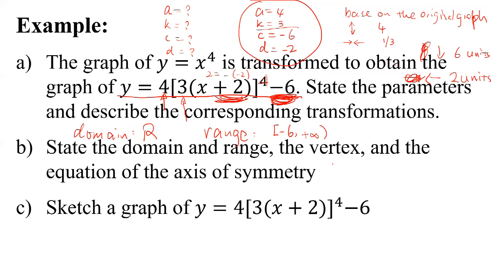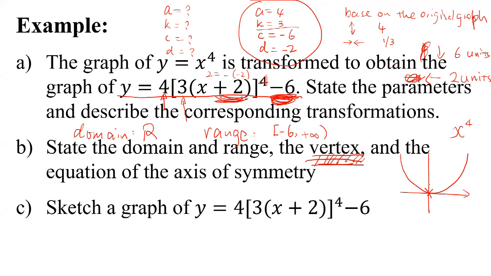The vertex. Okay, in order to get a new vertex, we need to study its graph, right? So this graph is simply transformed from the original graph of x to the 4th. The graph of x to the 4th will look like this, right? So this is our vertex.